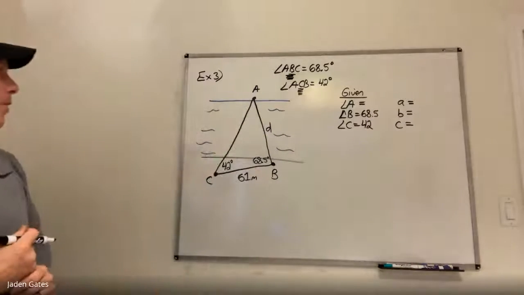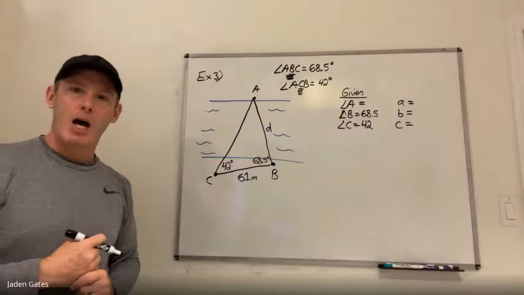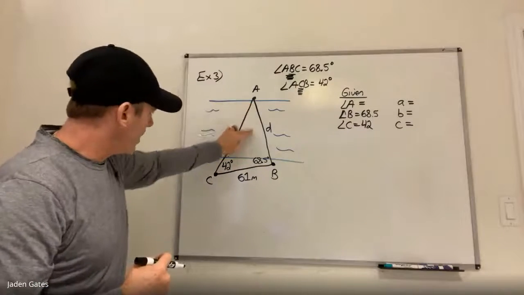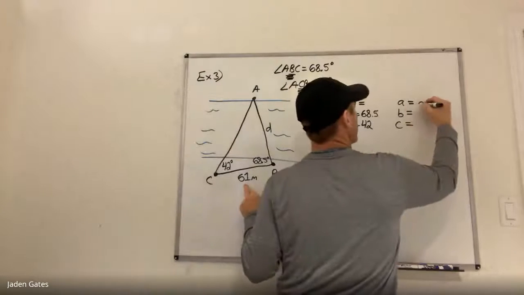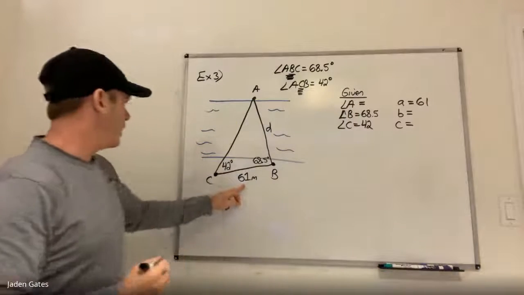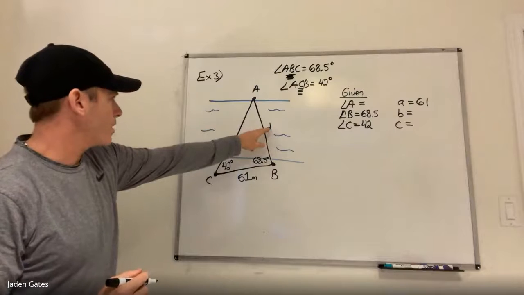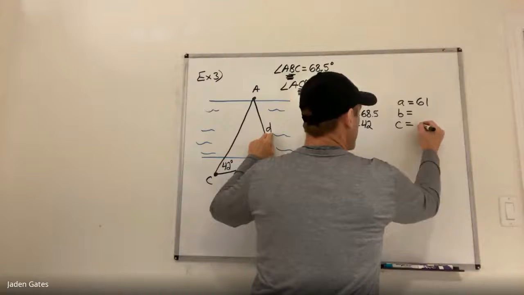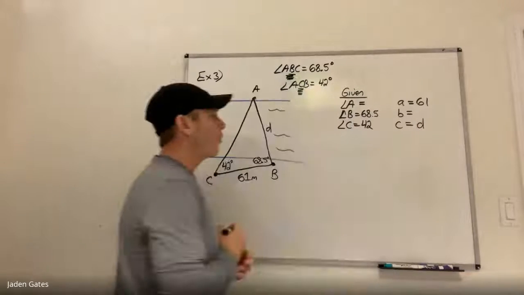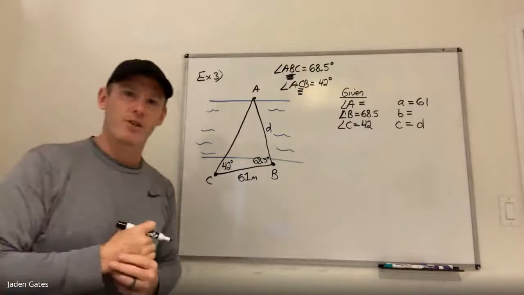A, I don't know. Okay, on to the sides. Across from angle A, there's 61, so that is my side A. D here is a side we're looking for. It's across from angle C, so C is actually D. Okay, the distance. That's why it's called D.